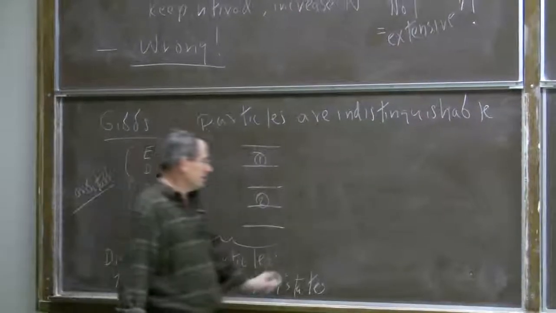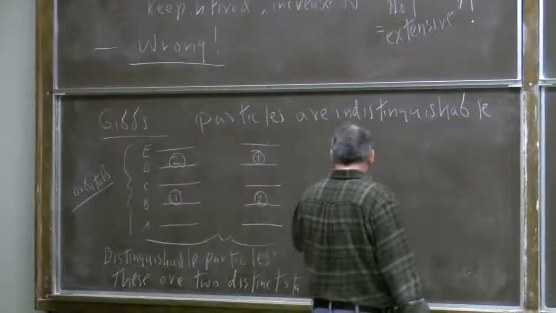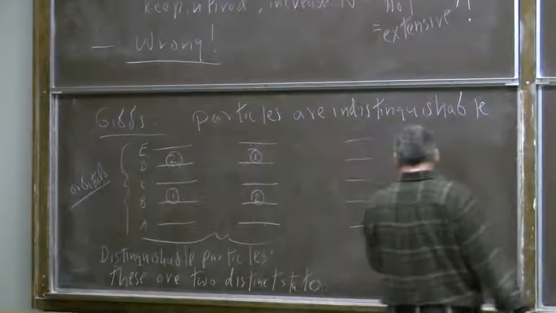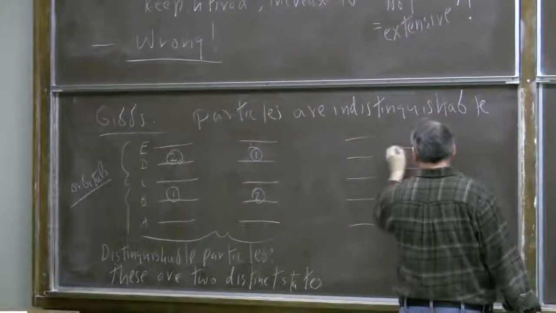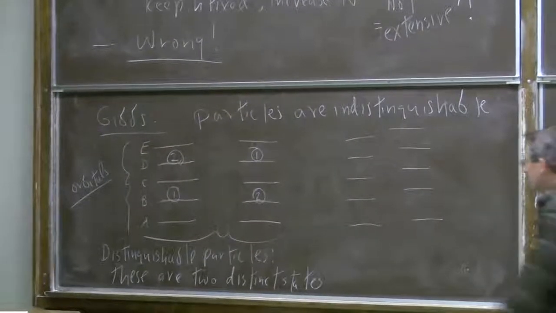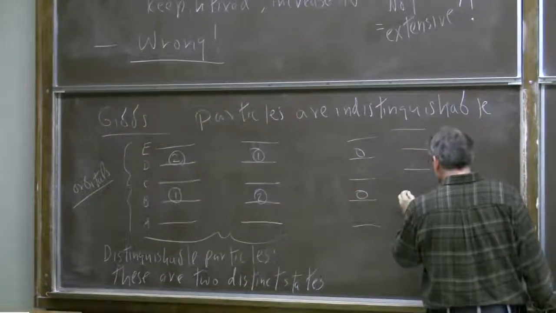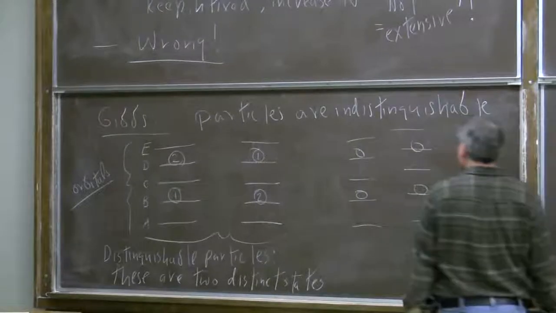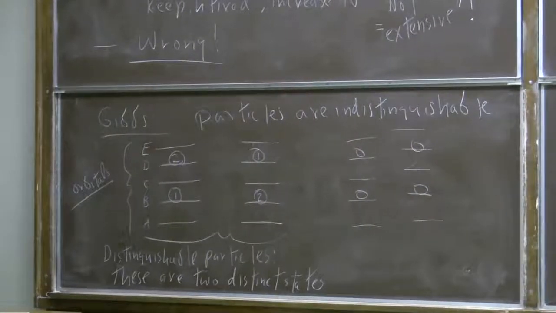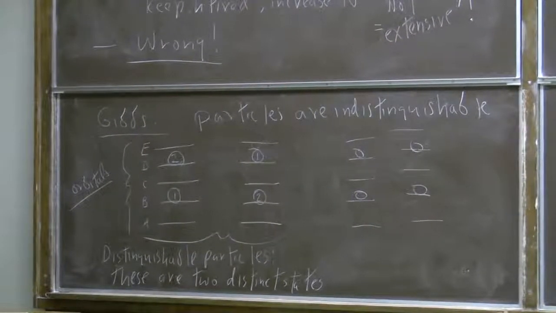But Gibbs said it's wrong because the particles don't actually have labels. In both cases, there's a particle in orbital B and a particle in orbital D. And because we don't know who's who, those are just two ways of describing the same state. Okay?